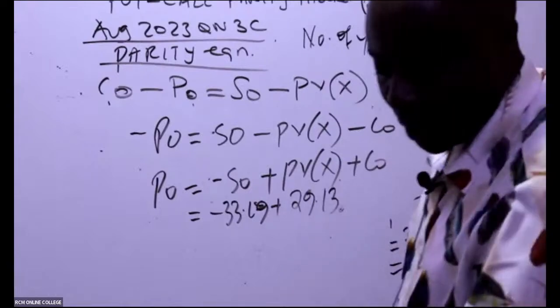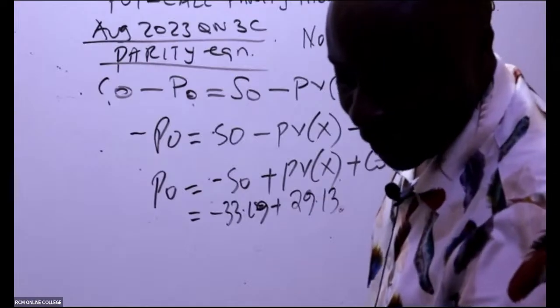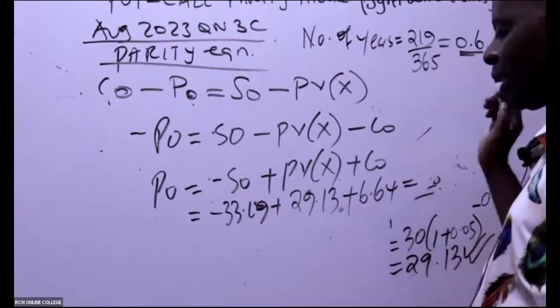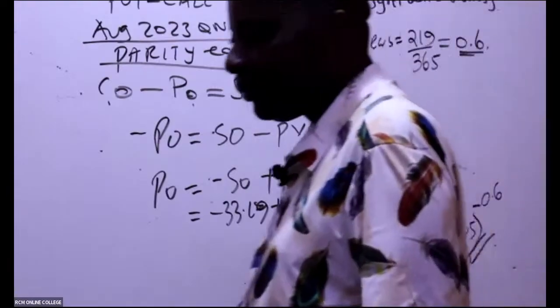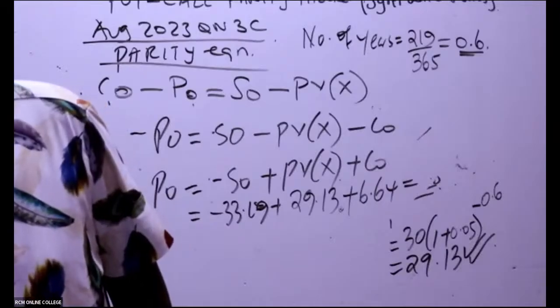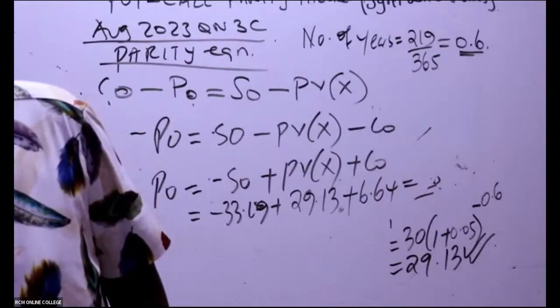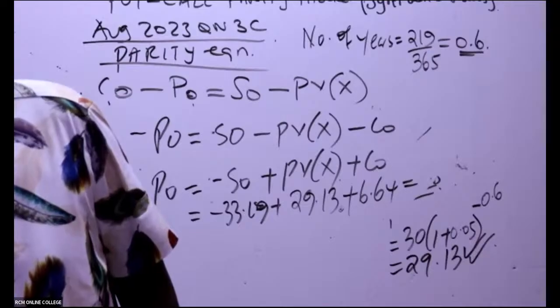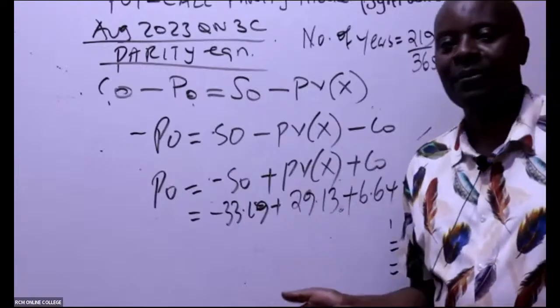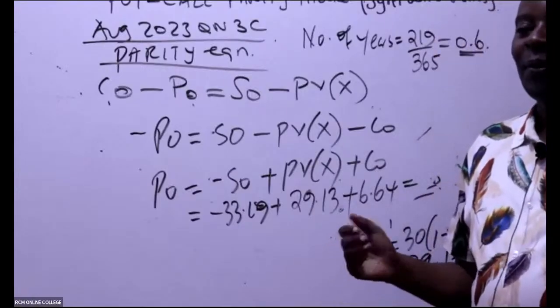Plus our CO, in this case given here as 6.64. So are you able to give us this synthetic PO? Will it be the same?